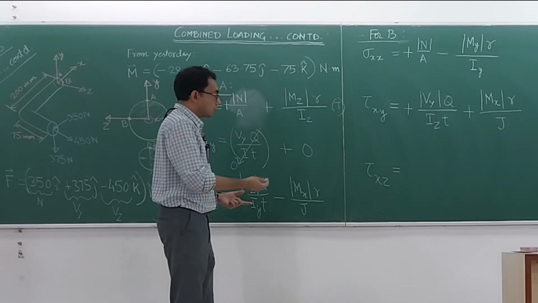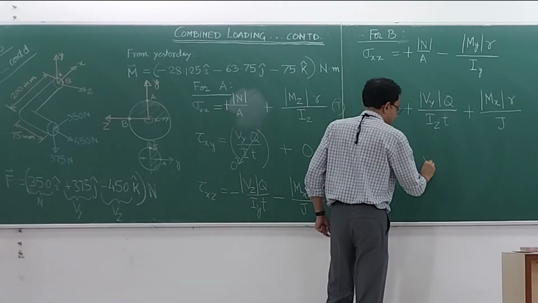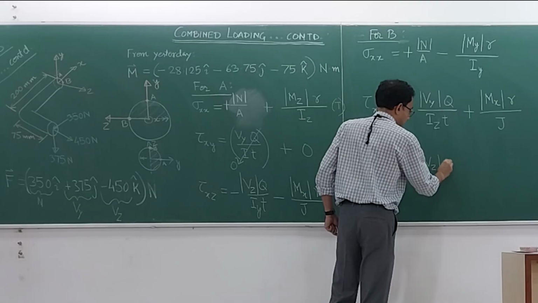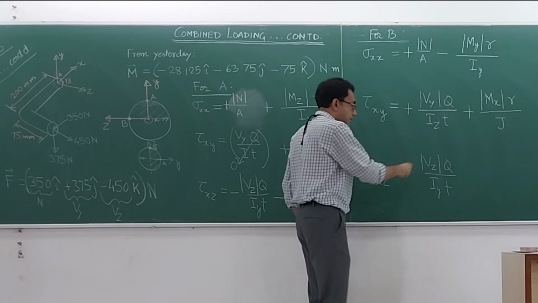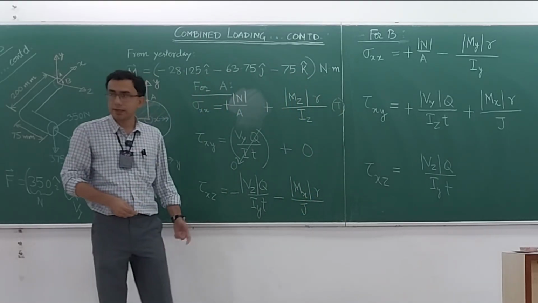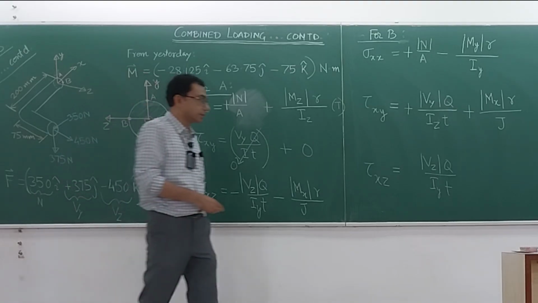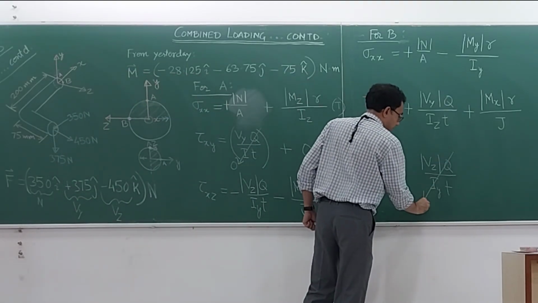Okay, so again, this is Vz Q by Iyt, and this is zero. Why? Because the Q is zero, as I have just now explained. So this entire thing is zero.